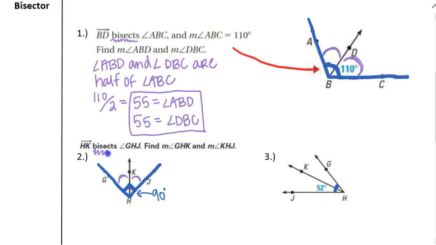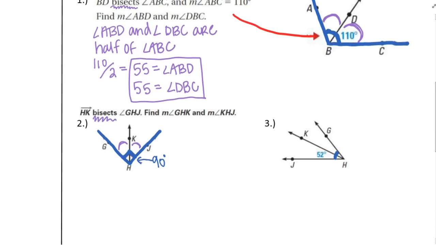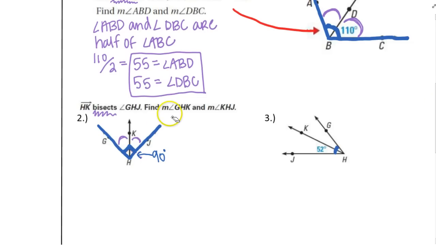Well, it says that it's bisected, so it's half. If the blue angle is 90, and we take half of that 90, we get 45. So this angle here is 45, and this angle here is also 45. So angle GHK is 45, and angle KHJ is 45.